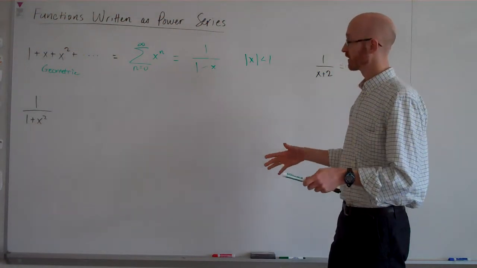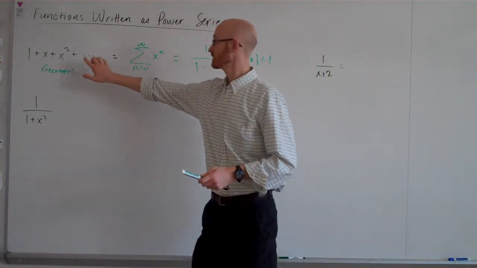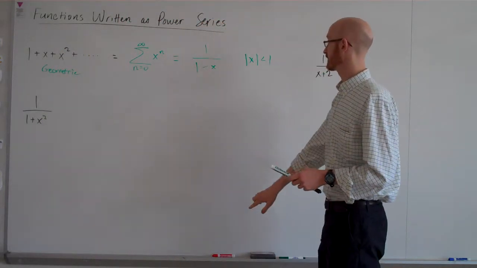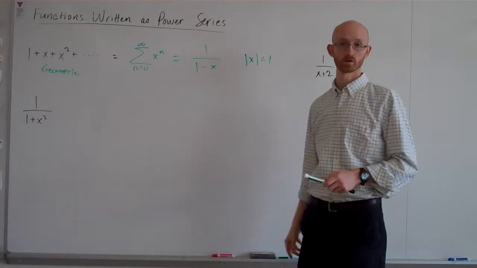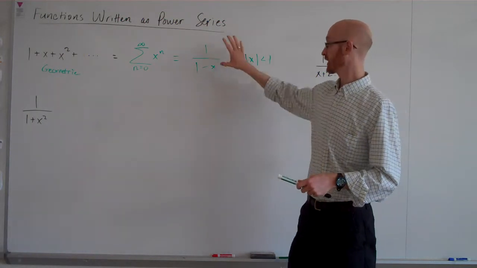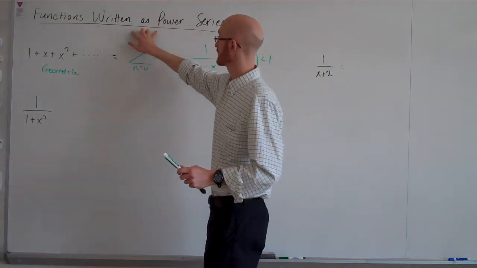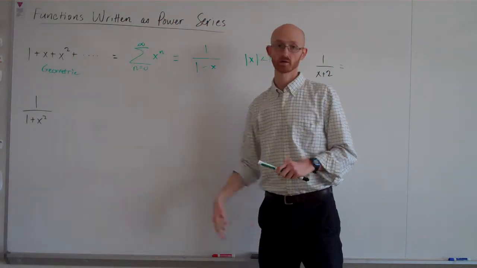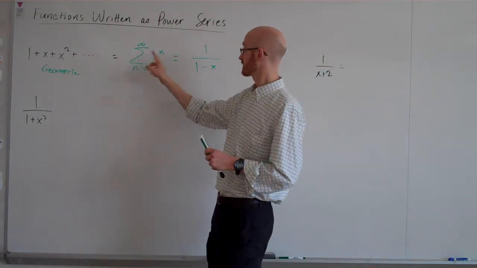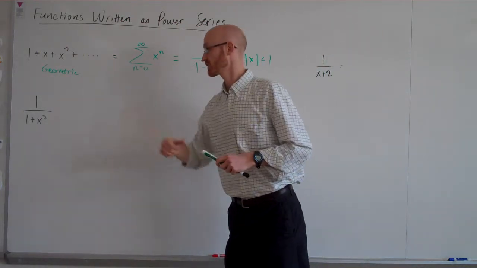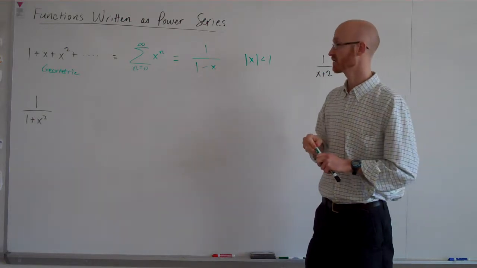Which, like I said, is a little bit weird that we've got this infinite series, and it's equal to 1 over 1 minus x. So this is a function that we can write as a power series, specifically this power series. Okay, using this fact here, let's express 1 over 1 plus x squared as a power series.